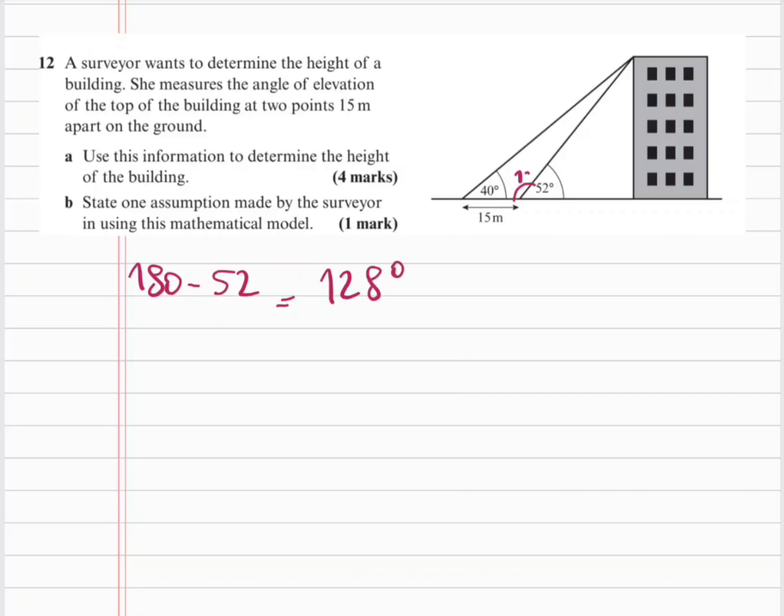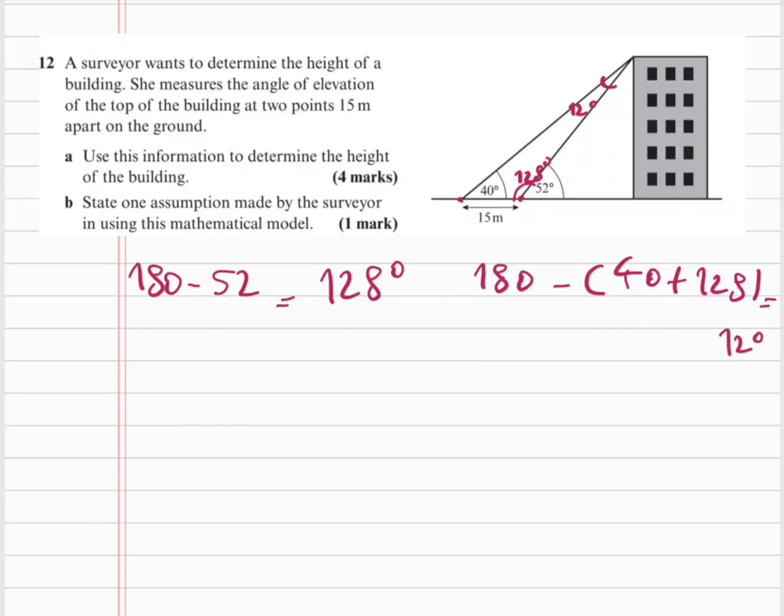Also, let's work out this other angle: 180 minus 40 plus 128, and we get 12 degrees. Since we also have this side length from this point to this point, which is 50 meters, we can now work out the hypotenuse of this right angle looking triangle.